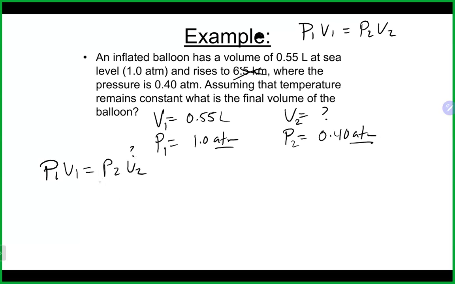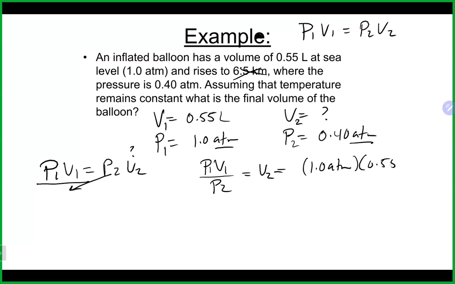By the way, when you go across the equal sign, everybody ends up in the opposite location, which means P2 is on top, so when you take it across, it goes to the bottom, or basically dividing by P2 on the other side. That would give us P1 V1 over P2 is equal to V2. Now we can put our numbers in. P1 would be 1 atmosphere.